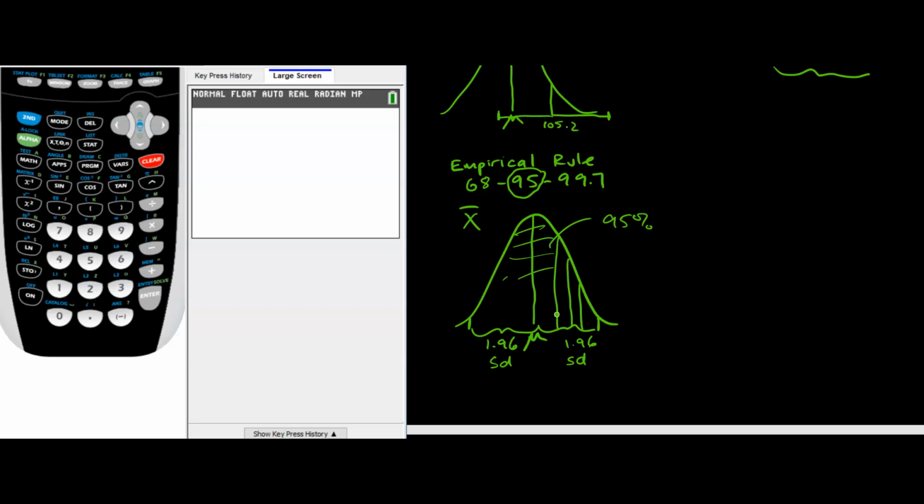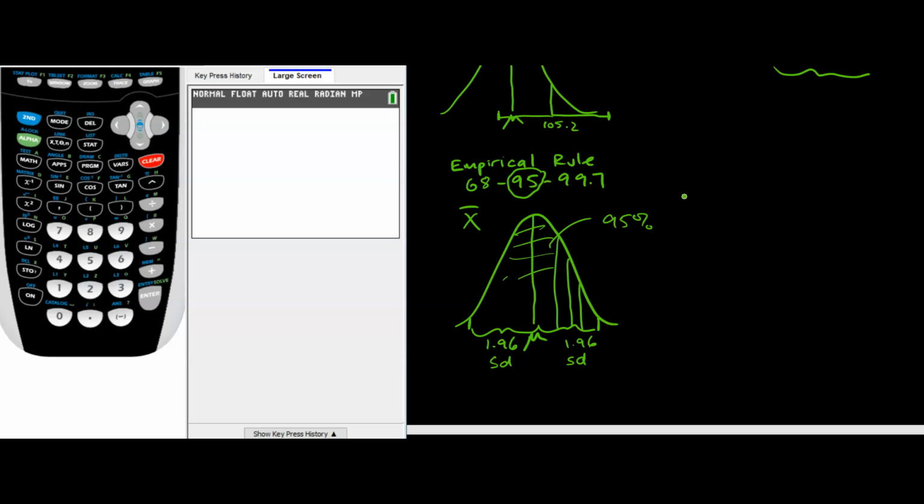So saying that each of these sample means is within 1.96 standard deviations of mu is identical to saying that mu is within 1.96 standard deviations of these sample means. And so we can see that mu is going to be within 1.96 standard deviations of the sample means 95% of the time.